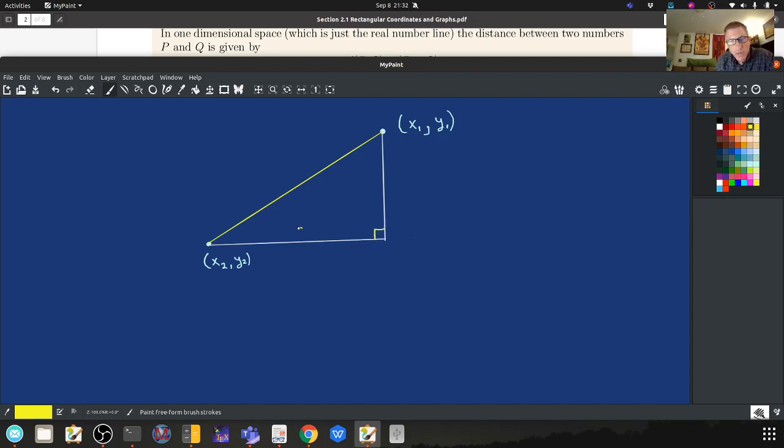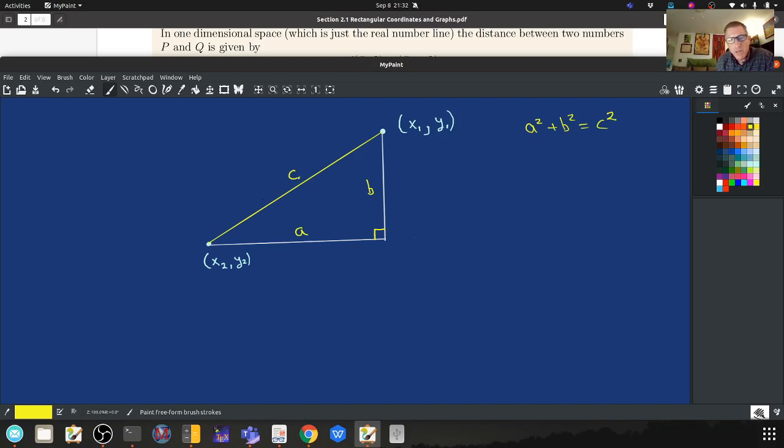We know if this is length A and this is length B, then A squared plus B squared is equal to C squared, where C is that length. Now I need a square there. But that's A squared plus B squared gives me the distance times itself.